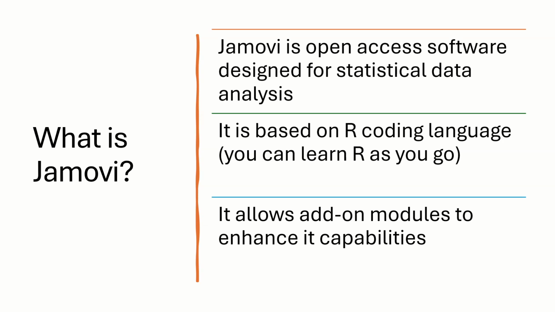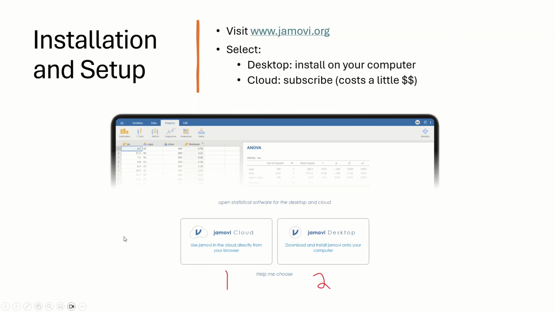But R has become kind of the gold standard in a lot of different circles. And it is a good idea to learn R, and that's recommended. And finally, Jamovi allows different add-on modules to enhance its capabilities. It comes with a pretty stripped down and basic set, but it gets you pretty far.